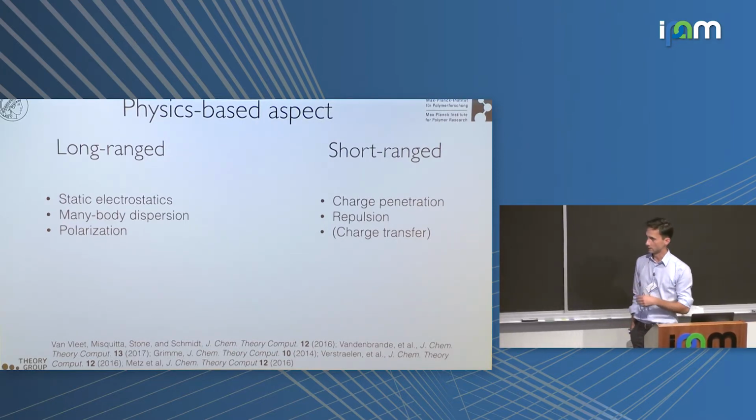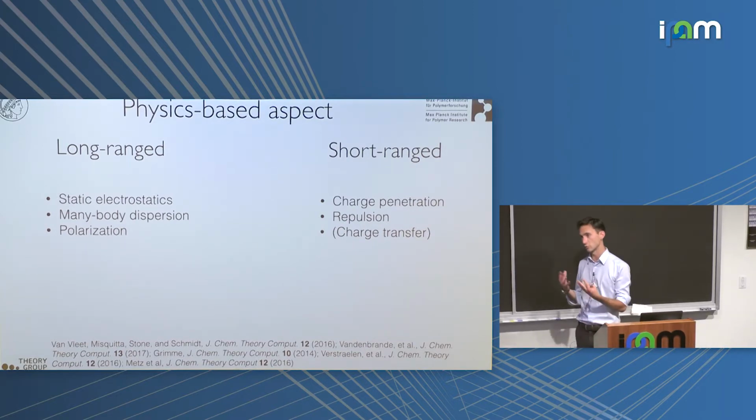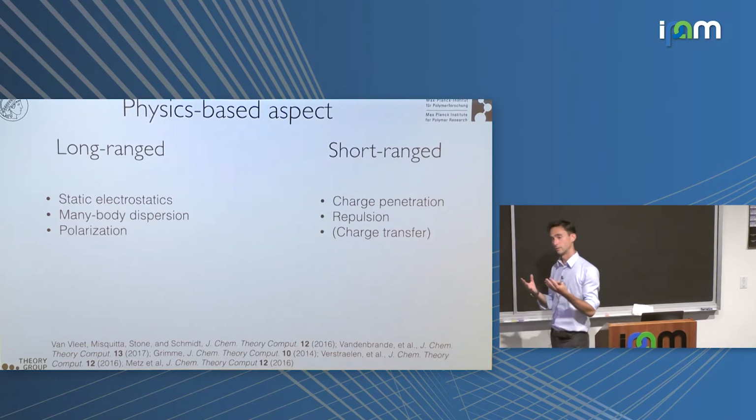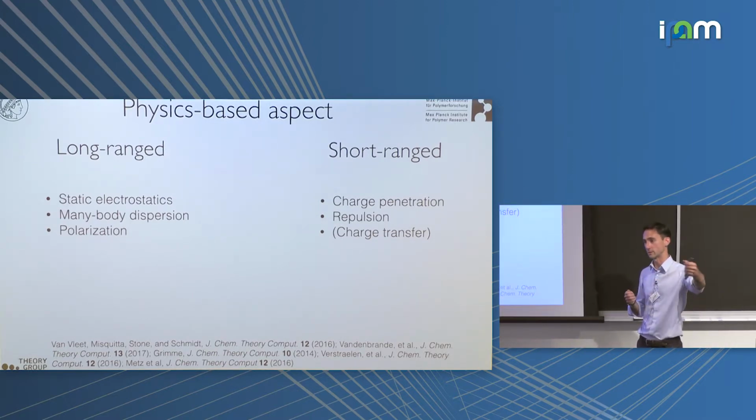But these provide the functional forms for the different interactions, they don't give you the coefficients. Coulomb's law tells you how your electrostatics decay as a function of distance, but it doesn't tell you what partial charges you should use for a particular molecule.